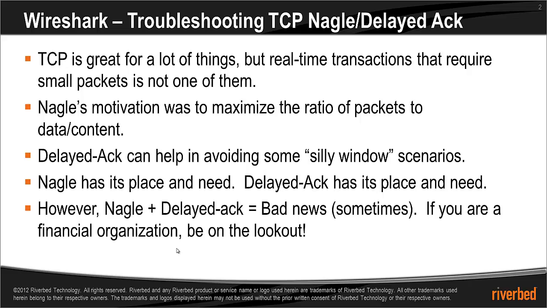Clearly we wouldn't have the internet as we know it if TCP wasn't invented. But when you have real-time transactions, especially real-time transactions using small packets, TCP may not be the best choice. Obviously TCP is in use, so some modifications to TCP need to be made at the socket level to help facilitate the communication, especially in the financial arena, financial organizations.